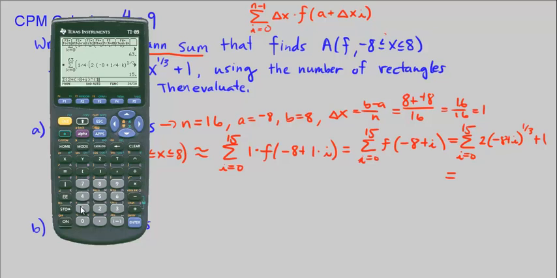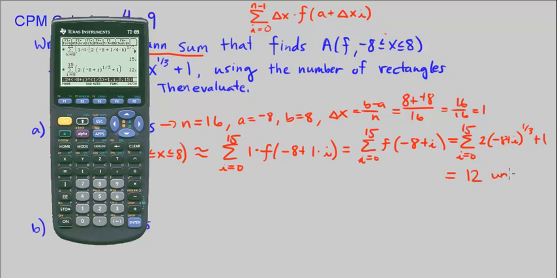I put 1/3 in parentheses so the whole power is 1/3, and then plus 1, comma, the variable we're using is i, so alpha i, comma, the start. We're going from 0 to 15. I'm going to use the diamond to approximate it, so diamond enter, and I get 12.